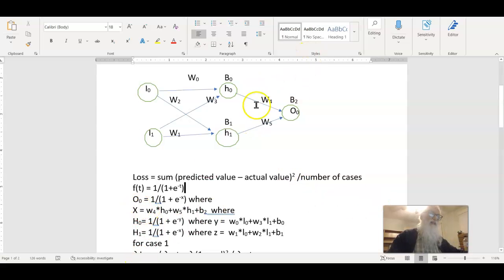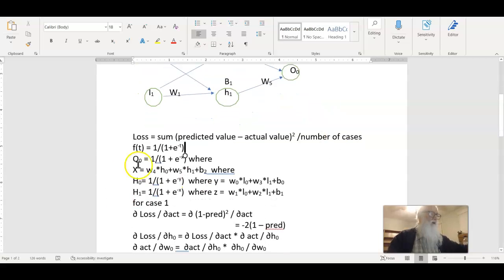Well, we get x by taking W4 times H0 plus W5 times H1 plus the bias B2. Well, so far so good. But now, where do we get the H0 and the H1?